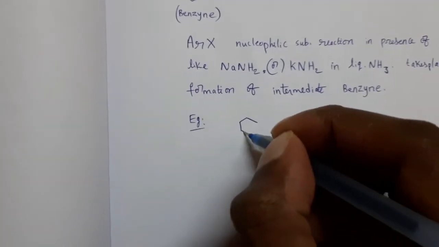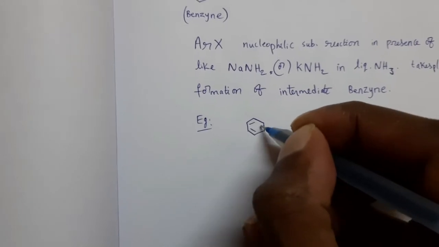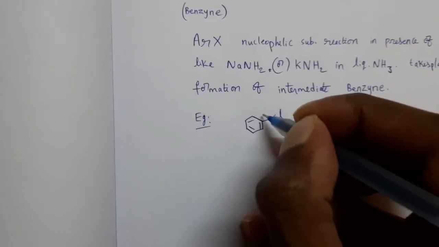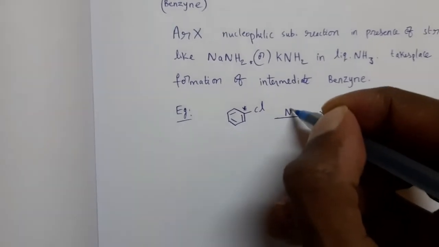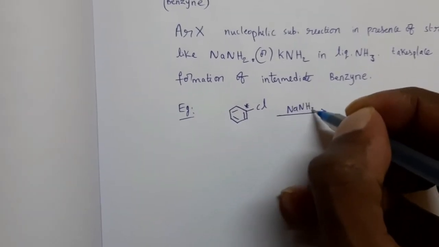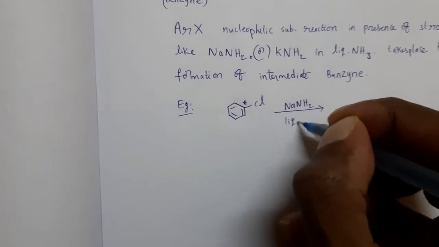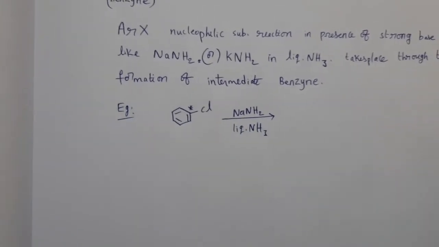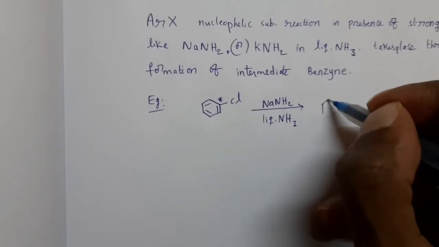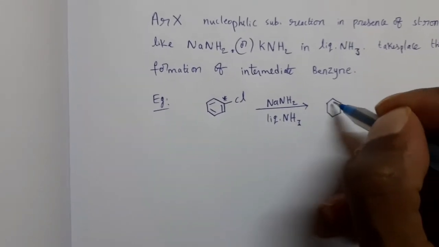Chlorobenzene. This is benzene, this is chlorine. Chlorobenzene is treated with sodamide NaNH2 in liquid ammonia. Then we can get two types of products.